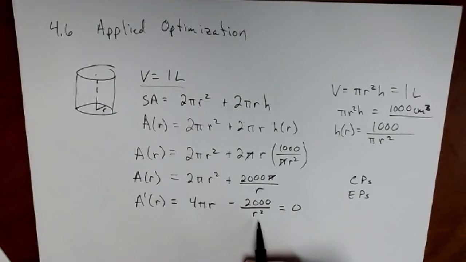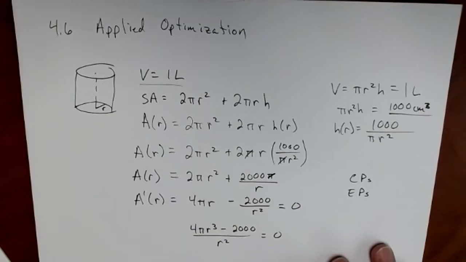We could also see where it's undefined, but it's only undefined, like I said a moment ago, when r equals 0. And that's not in the domain of our function, so we're not going to worry about that for a critical point. So in order to solve this, we're going to need to get a common denominator. So this will be 4 pi r cubed minus 2,000 over r squared equals 0.